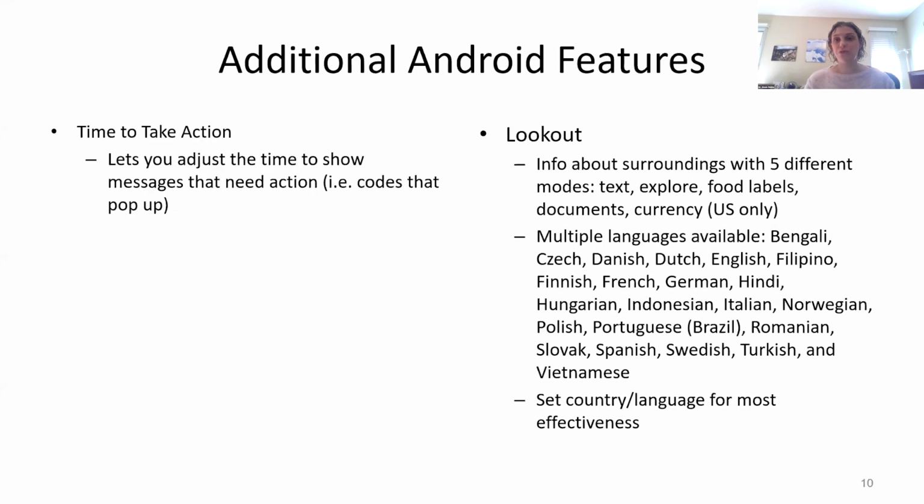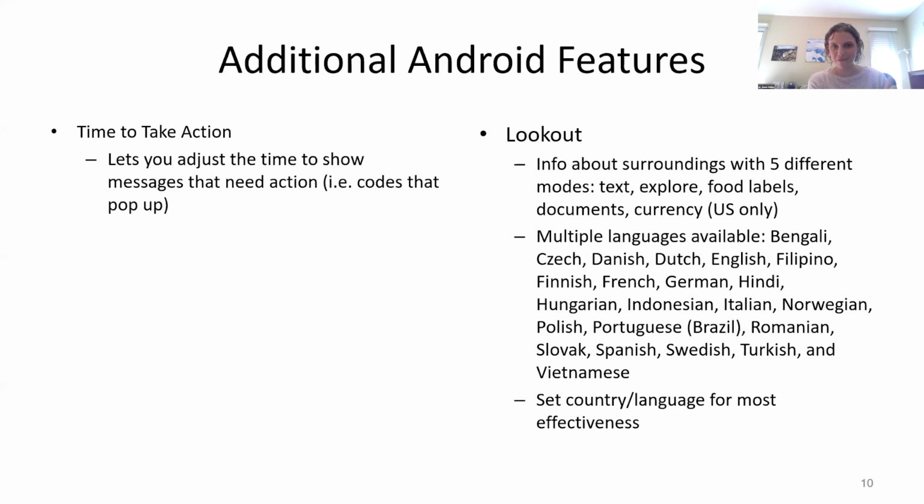In addition to the visual display modifications and the speech, you can actually adjust a couple of other things in the Android phone that I think are very helpful. One that is particularly helpful for our patients is you can adjust what's called the time to take action. So when you are logging in, if you have something like two-factor verification on, and you get that text message with the code you have to enter, it often pops up and goes away very, very quickly.